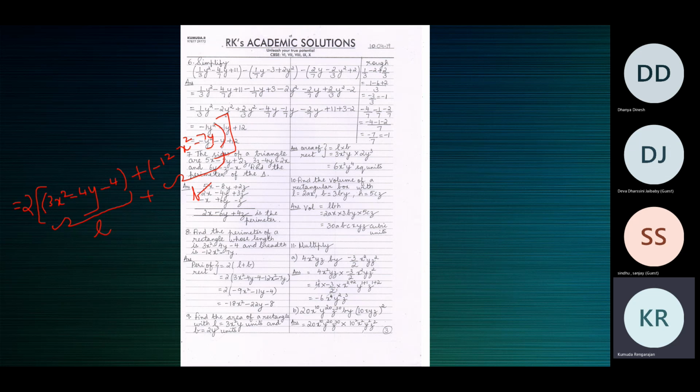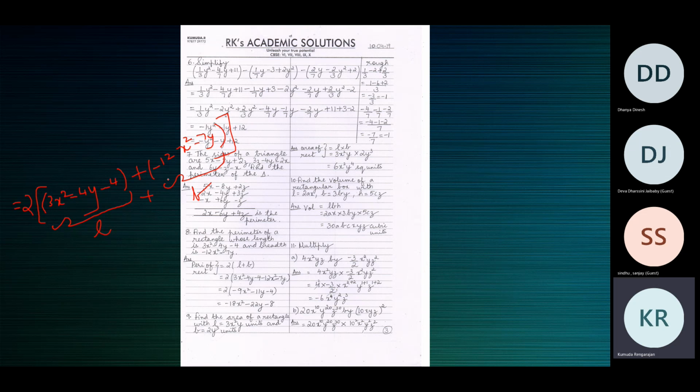Plus into plus is plus. Minus into plus is minus. The sign does not change, it remains the same.